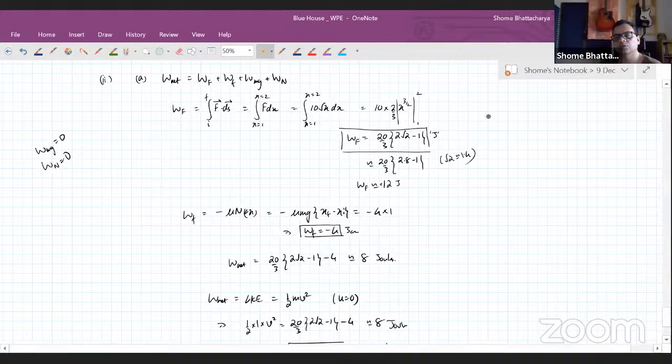Now the B part. You can also calculate the speed by using this relation. Acceleration was how much now? 10 root x minus 4. So this acceleration can be written as v dv by dx.